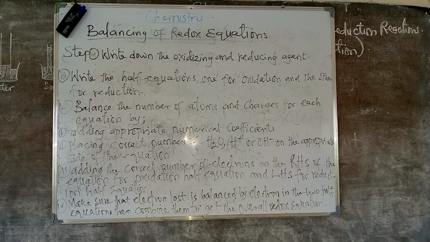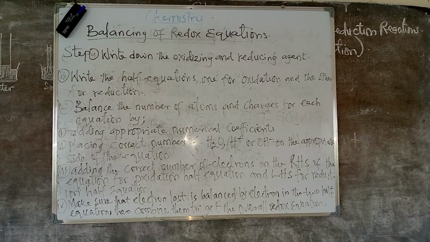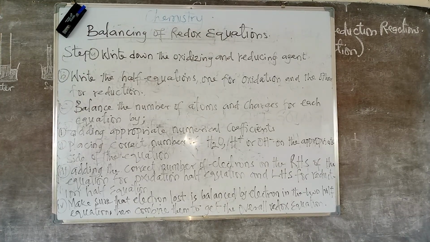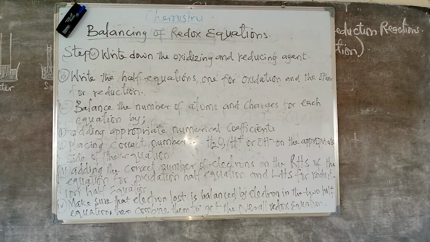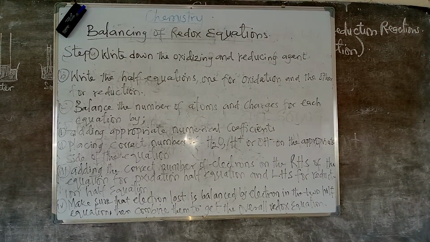The next part of the step is to write the half equations, one for oxidation and the other for reduction. And that is another thing about redox equations. We always have two half equations, and one should be for oxidation, the other for reduction. Now, the next part says that we should balance the number of atoms and the charges, of which I have said it before, for each equation by adding the appropriate numerical coefficient.